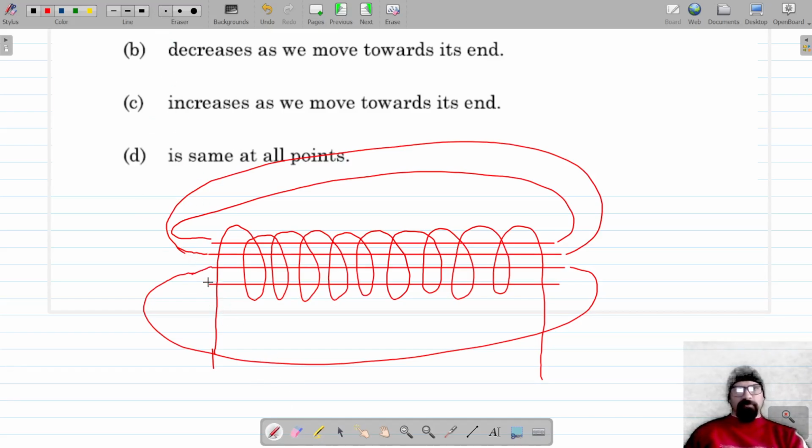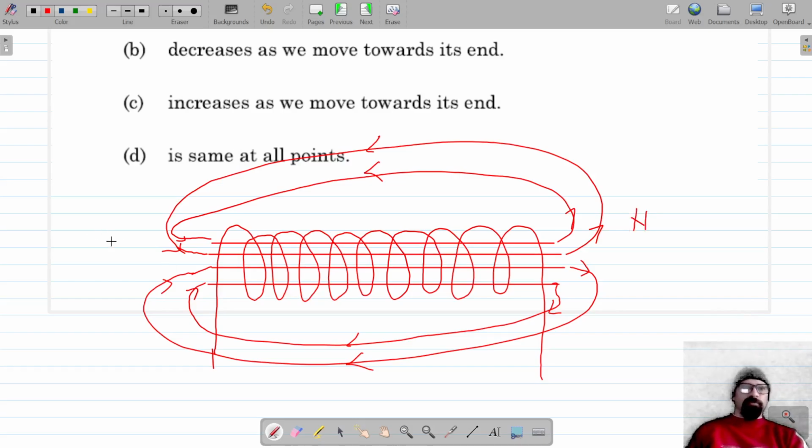This is the pattern of the magnetic field, which is exactly the same as the pattern of the magnetic field lines for a bar magnet. The magnetic field lines merge here. This is the direction of the magnetic field lines, and where they merge becomes the south pole.